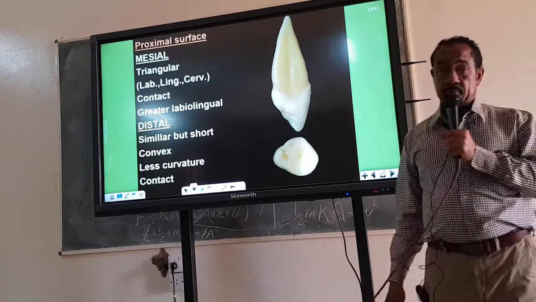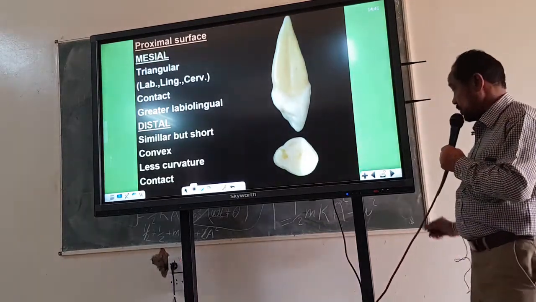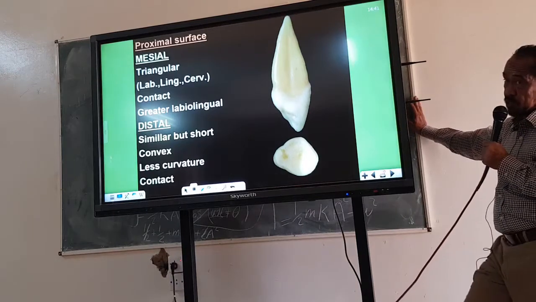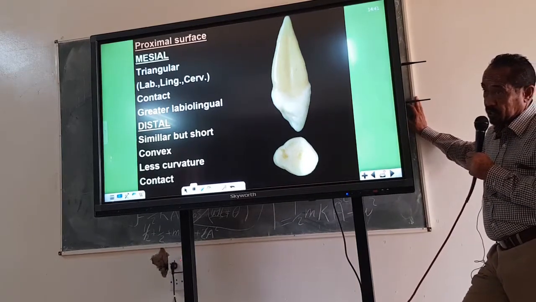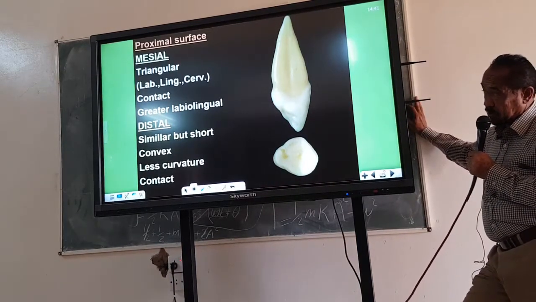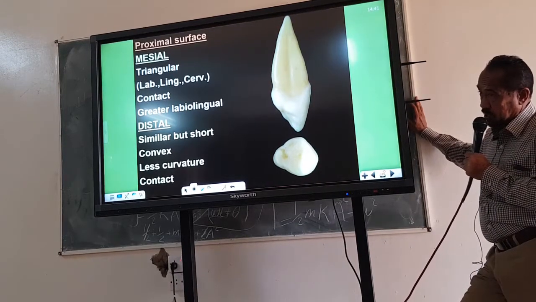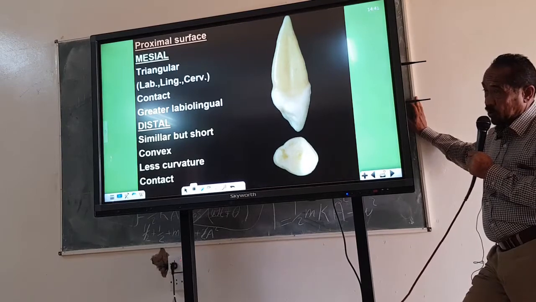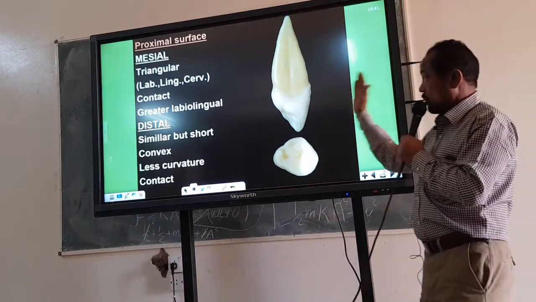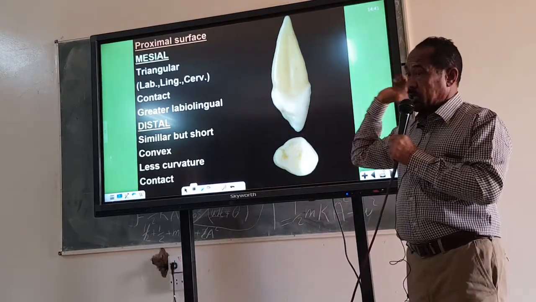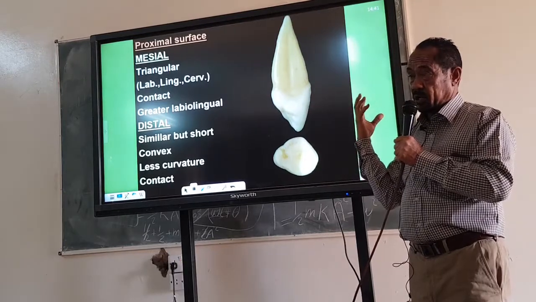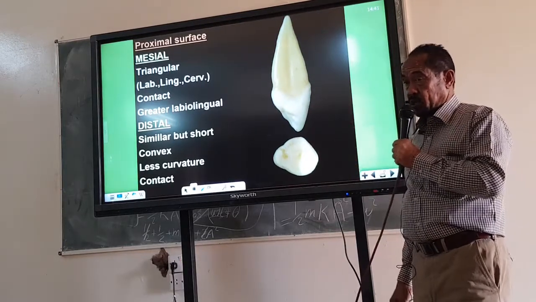Okay, this is mesial and also the distal, having the same description as the maxillary incisors, but this surface in the canine is wider labiolingually. From labial to lingual it is wider than incisors because the canine is bulky and has a very prominent cingulum.